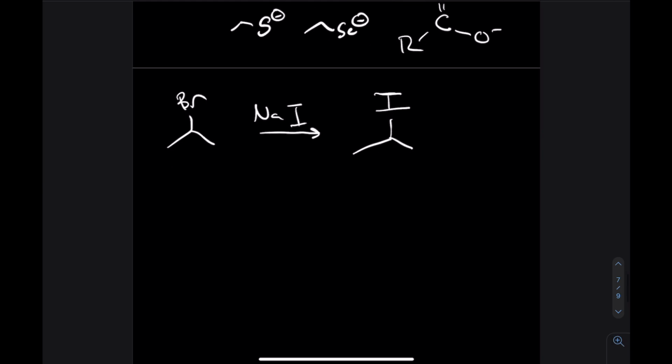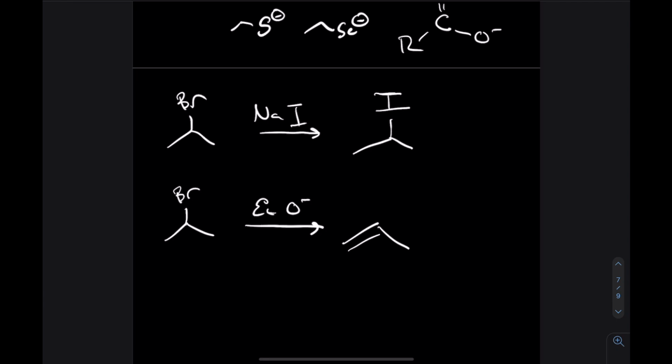On the other hand, you have that same substrate and you throw in what you think is a great nucleophile, ethoxide. You've actually thrown in a really great base. So you will end up primarily with the elimination product, and that's about 87%. But ethoxide is a nucleophile, and so you do end up with a small amount of the ethoxide substitution product, but that is a much smaller percent.